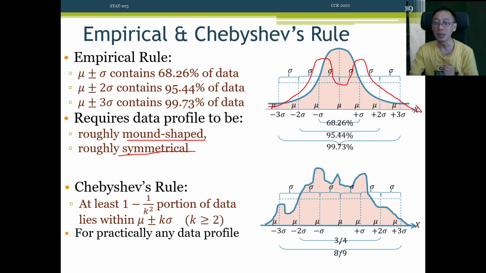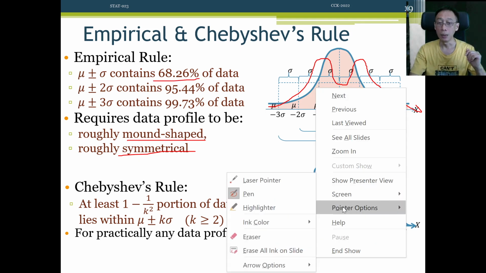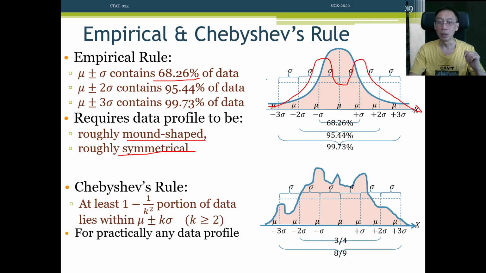But in this case, there are two lumps here, symmetrical about the mean, but it is not mound shaped. It's actually double mound shaped. So it will fail the criteria. And if you predict 70%, you'll be quite wrong. So that's roughly symmetrical but not roughly mound shaped.